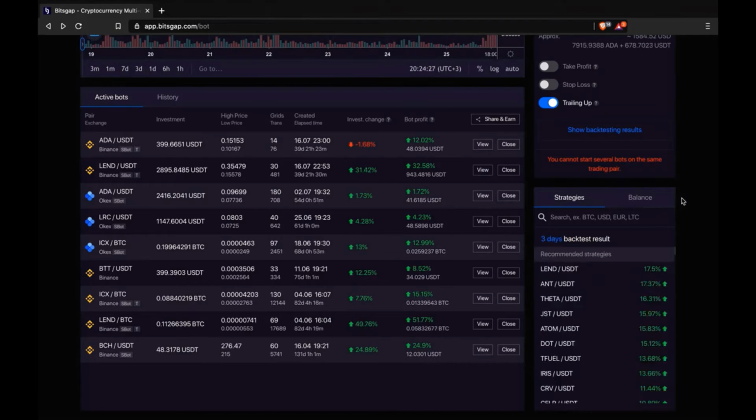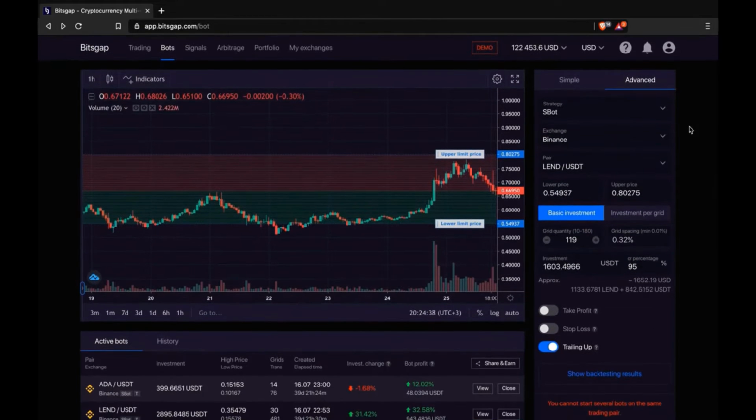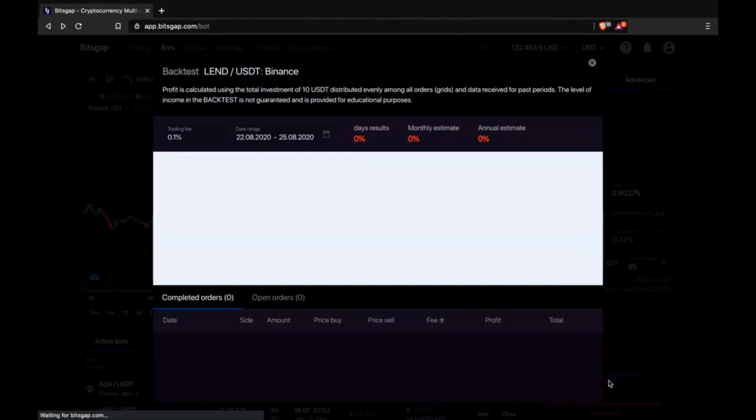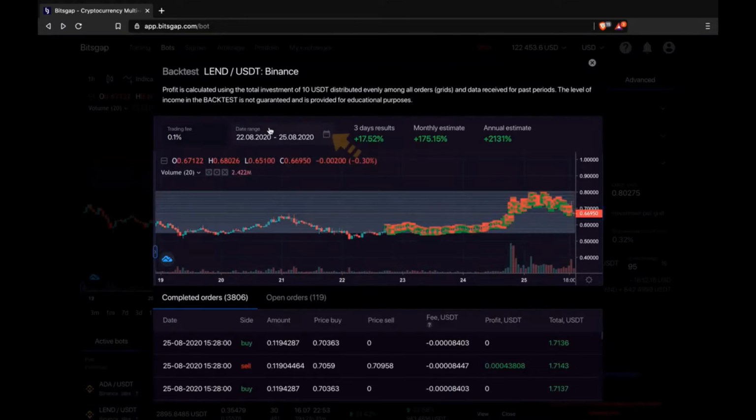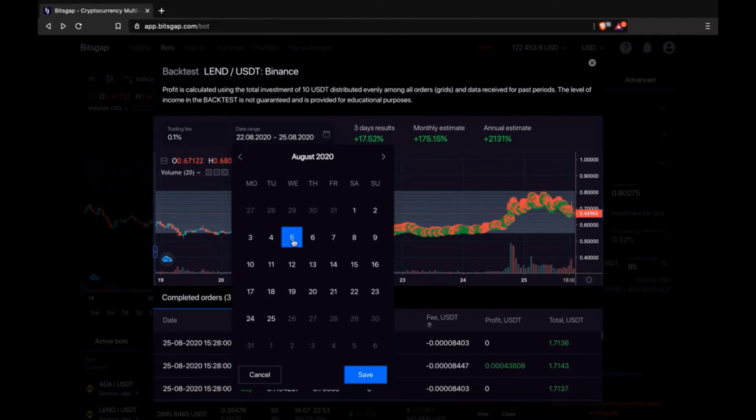If you want to undertake your own backtest on a selected cryptocurrency pair, let's say LAND trading to USDT, click on it and move upwards, and now select Show Backtesting Result. And here you have all the information you need. You can select the date range, and let's say we are only interested in the range from the 5th of August until the 19th of August.